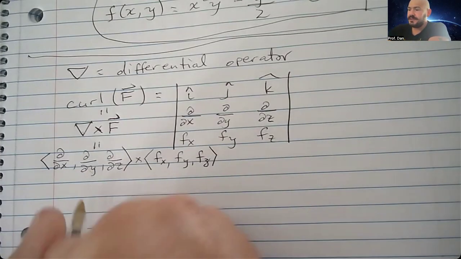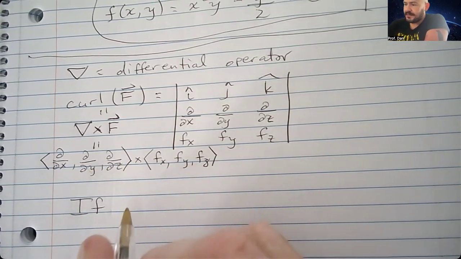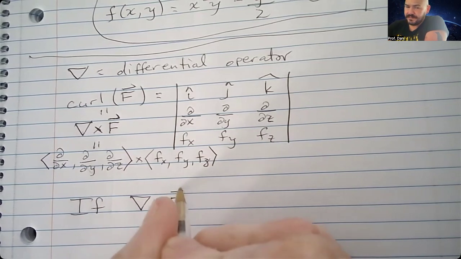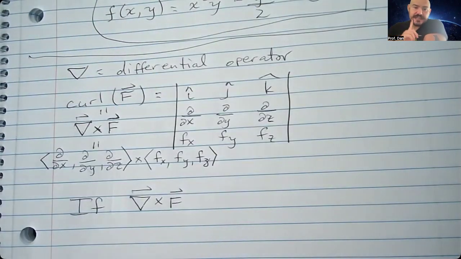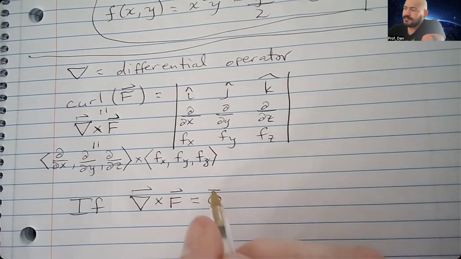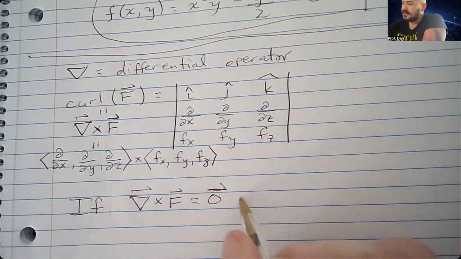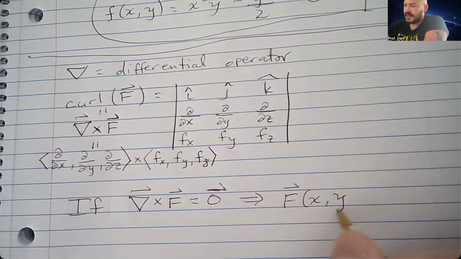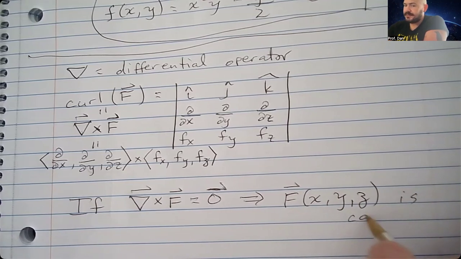And our test for three-dimensional vector fields is: if the curl of F, which we could also write as a vector, is equal to the 0 vector, that implies that F, the vector field, is conservative.